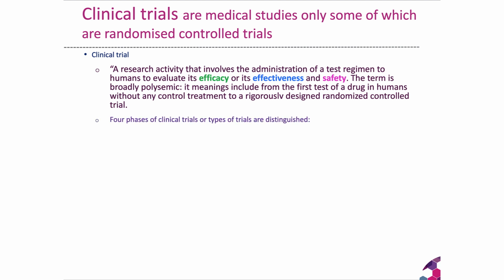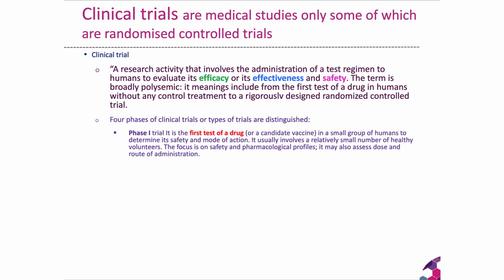There are generally 4 phases of clinical trials. Phase 1 is the first test of a drug in a small group of humans to determine its safety and how it works in the body. It usually involves some healthy volunteers and focuses on the safety and pharmacological aspects of, for example, the drug treatment or the vaccine.